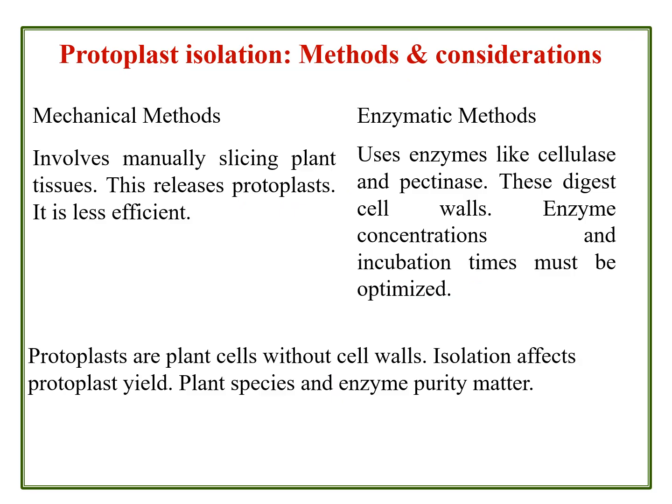We have two methods, that is the mechanical method and the enzymatic method. The mechanical method involves manual slicing of the plant tissues to release the protoplast, and it is very less efficient. The enzymatic method uses specific enzymes like cellulase and pectinase.